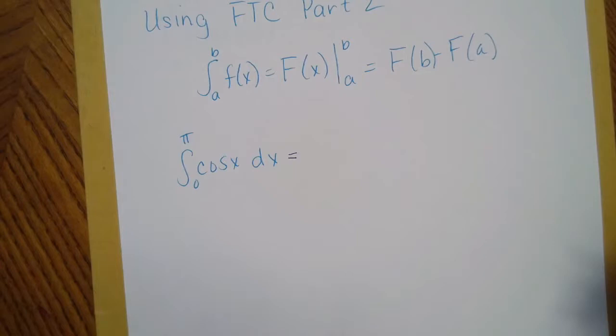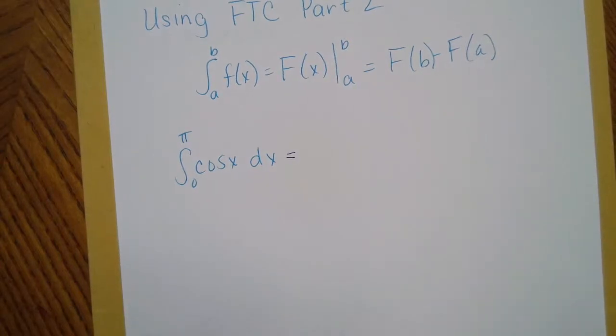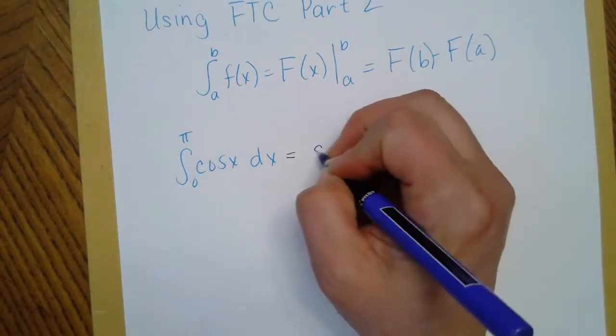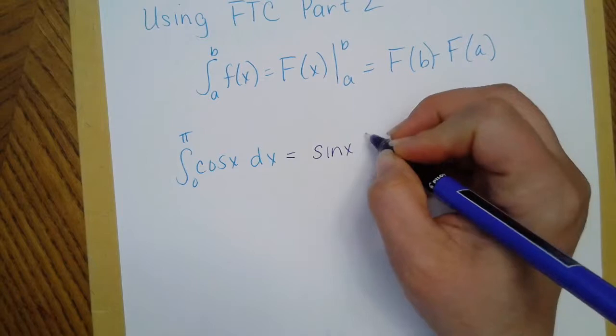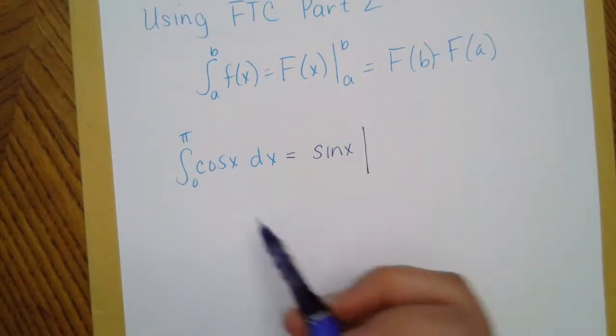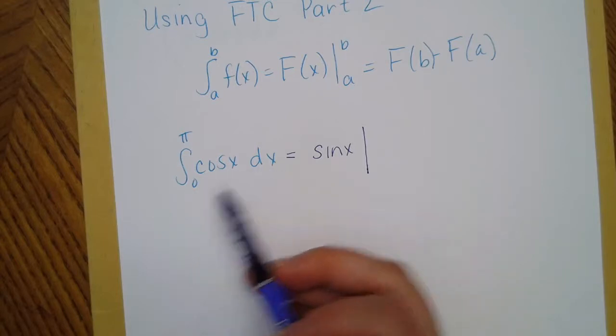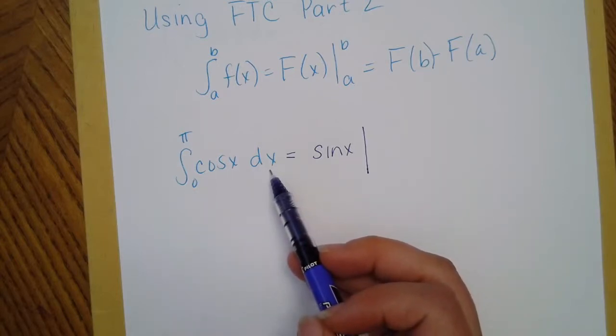All right, so I have the definite integral of cosine of x from 0 to pi. The first thing I need to do is find the antiderivative, which is the sine of x. This notation, the integral and the dx, says I need to find the antiderivative with respect to x.